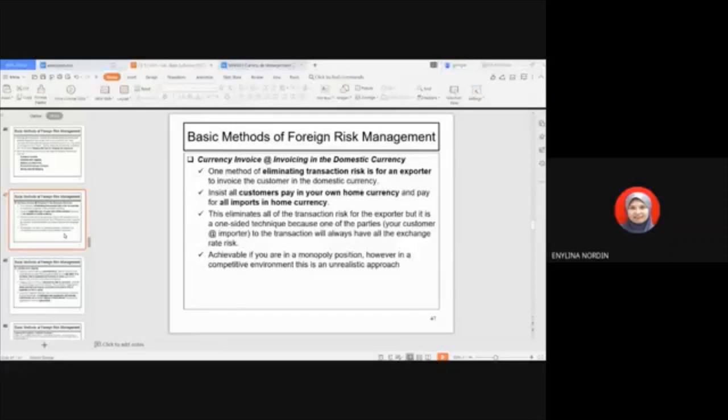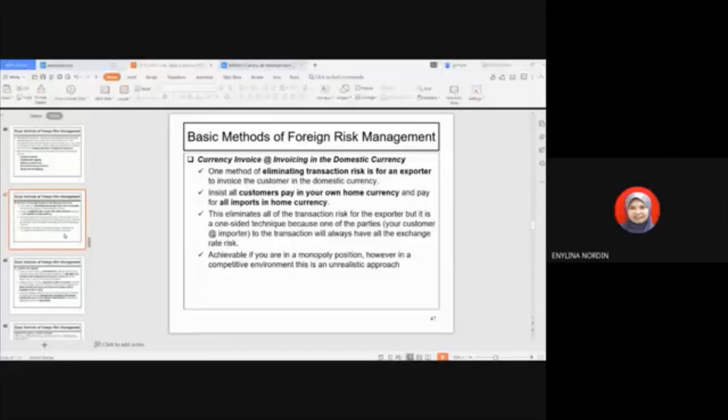In general, it means your company insists all the foreign customers pay in home currency. If your company is exporting goods or services to foreign countries, you require your foreign customer to pay in your home currency.